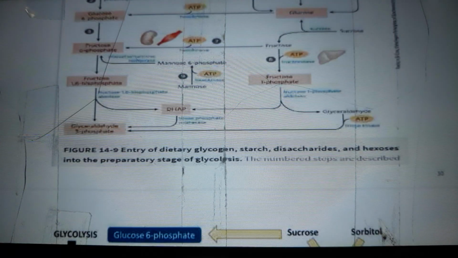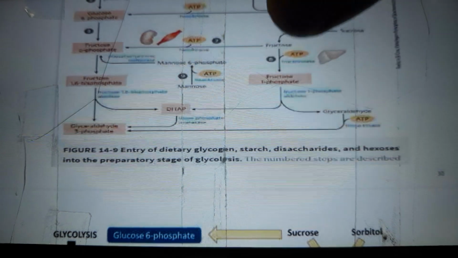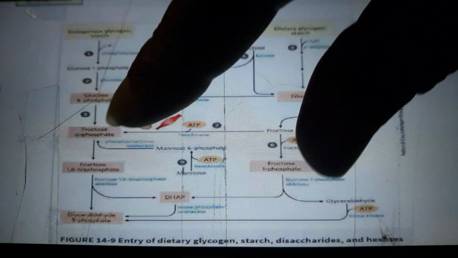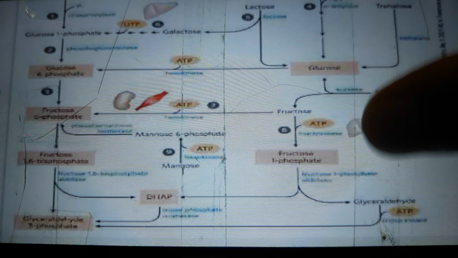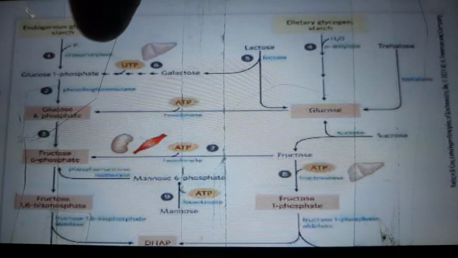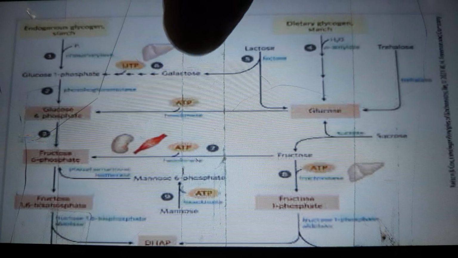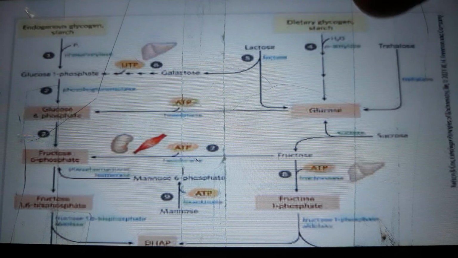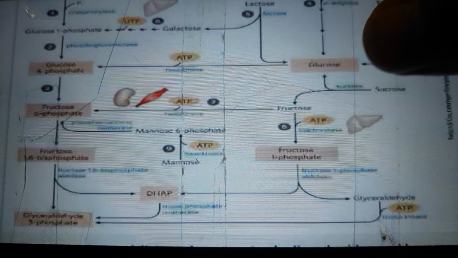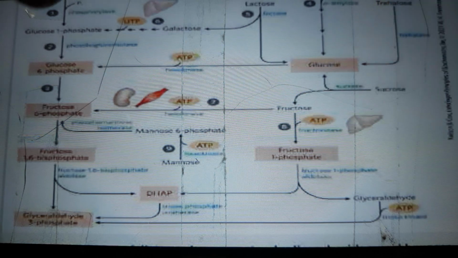This is another table for the entry of dietary glycogen, starch, disaccharides, and hexoses into the preparatory stage of glycolysis. You see this? Take a nice screenshot of this, right? See, endogenous glycogen, starch. It's okay. It's the liver, the lactose part, the dietary glucose, starch, going to become glucose here, to glucose 6-phosphate.